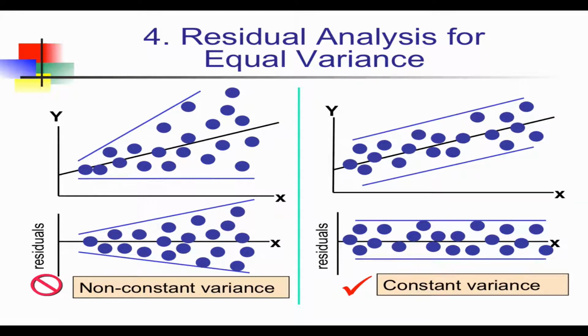When you translate that into a residual plot, residual versus x, if the residual gets inflated or deflated when x increases, that means you have non-constant variance. What you're looking for is a random cloud that has the same spread across different values of x.